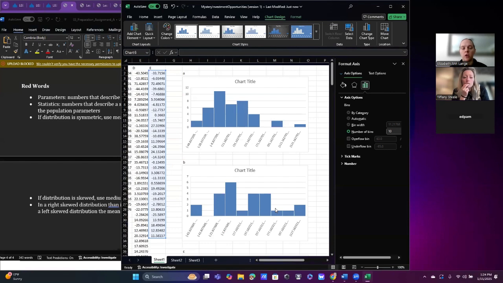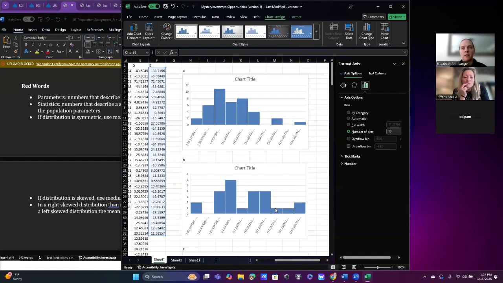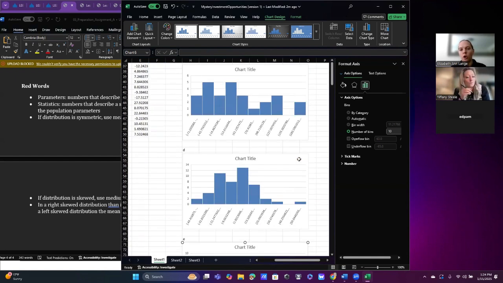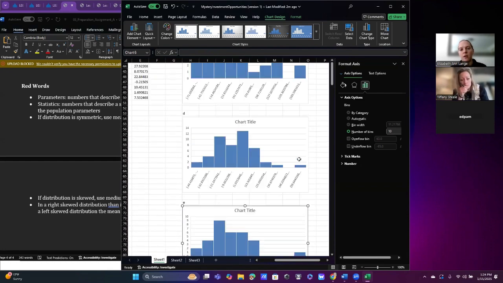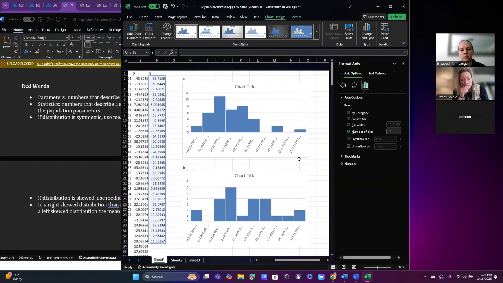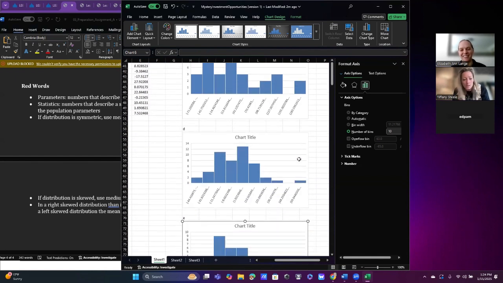So we're probably going to look for the company that is more left skewed because of the higher numbers. But I don't know, none of these companies are left skewed. So I don't even know what I'm talking about now.